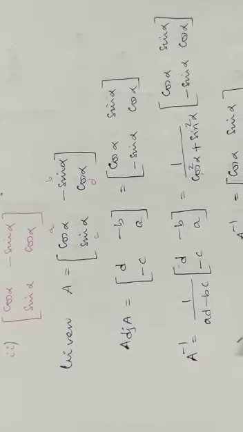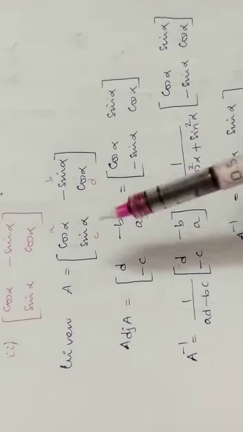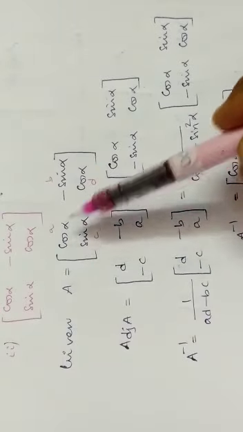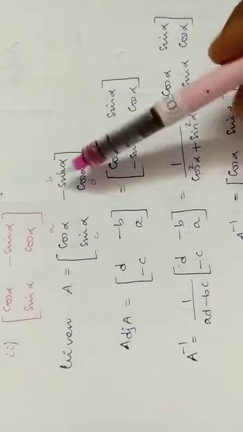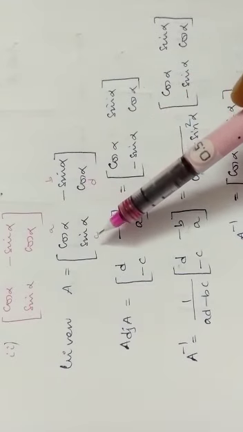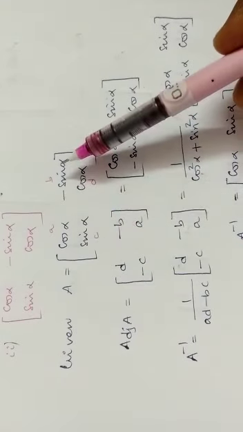Now inverse. A inverse equal to, this formula is for a 2 by 2 matrix, 1 by AD minus BC into D, minus B, minus C, A. That equals 1 by AD minus BC. AD is cos alpha into cos alpha, cos square alpha, minus BC, minus sin alpha into sin alpha, minus sin square alpha.